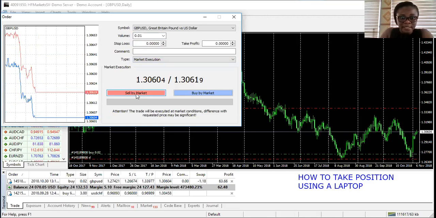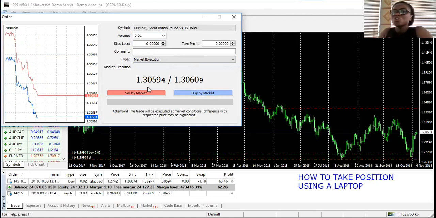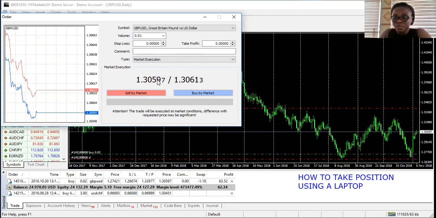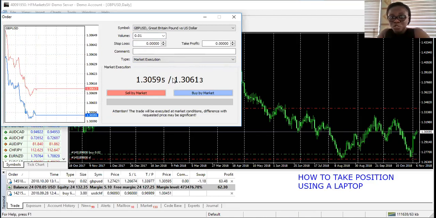So we have sell by market and buy by market; it all depends on the trade that you have. Always do this: when you're coming to trade a particular pair, always look at the market specification for that specific pair to know the spread, the swap, and the commission.